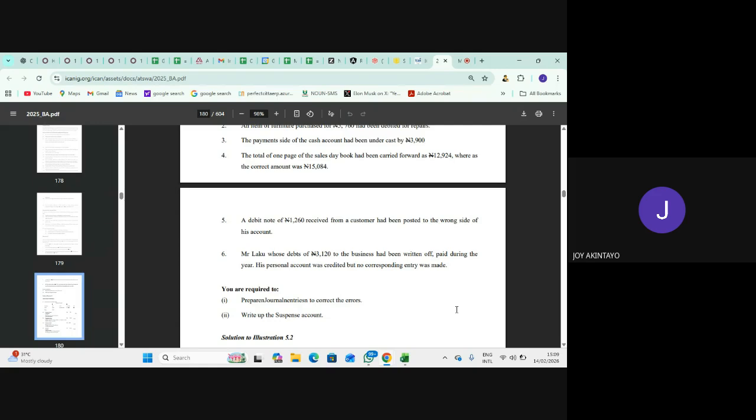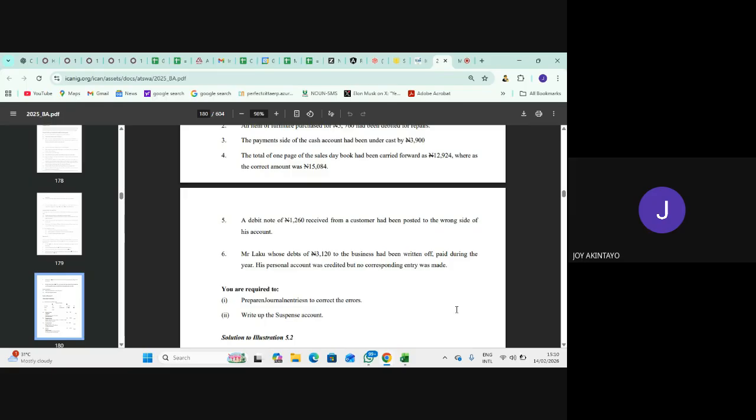Let's say cash. So what's the corresponding entry? We've credited our receivables account already, which is Mr. Laku's account.